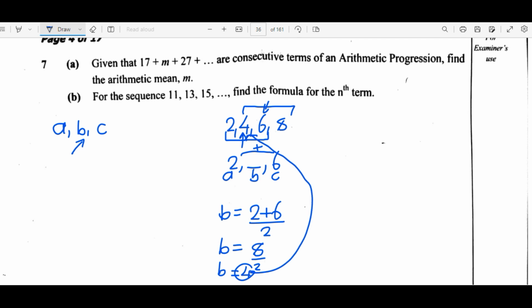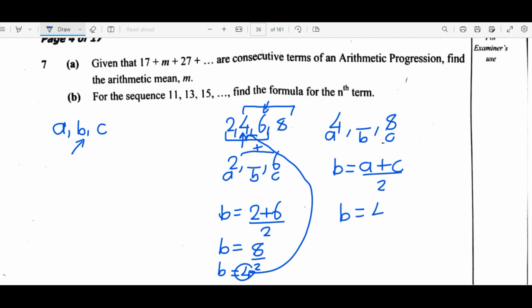Maybe let's see, what if we have 4, dash, 8? Can we find this middle term? Yes, we can. We are going to use the same formula. The formula is b is equal to a plus c over 2, where a is the first number, b the middle term, c the other number on the far end.